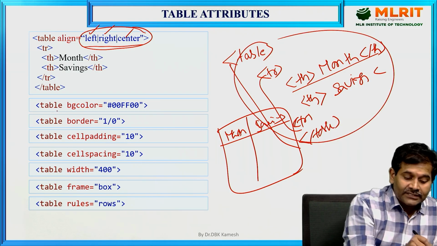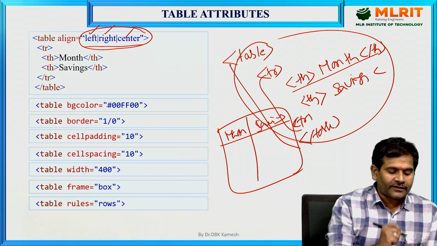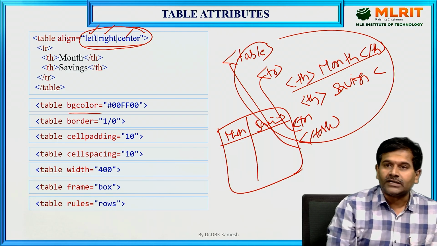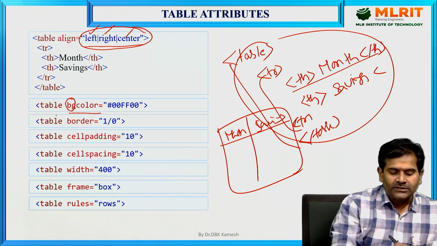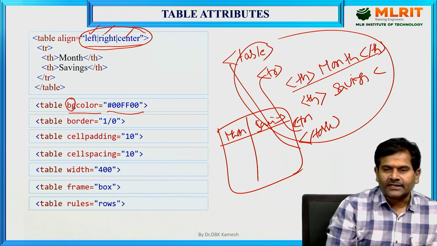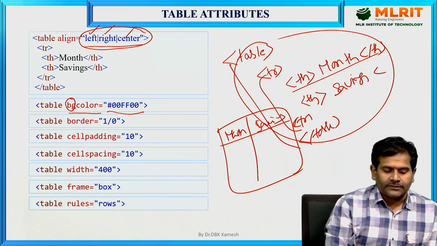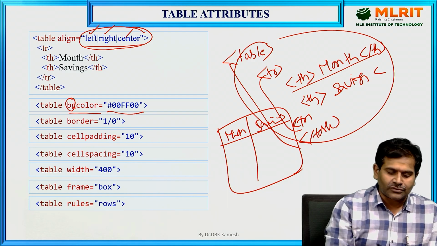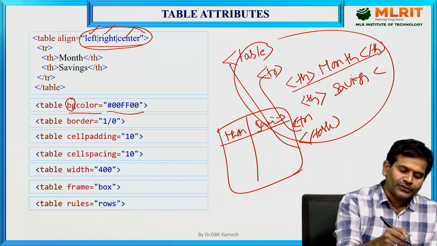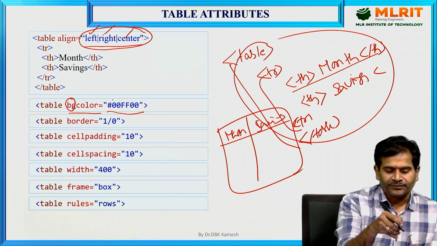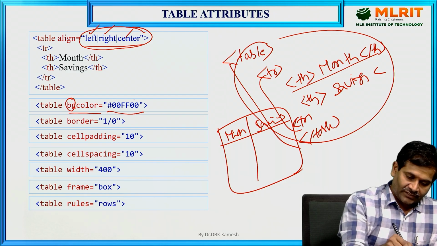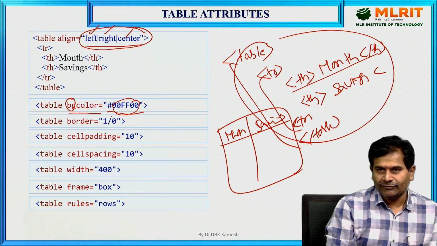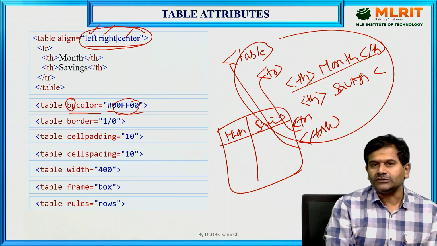In this table, another property is BG color, which means background color. Here we have to select a color code, like hash followed by 00FF00, that is, a hash followed by six characters.